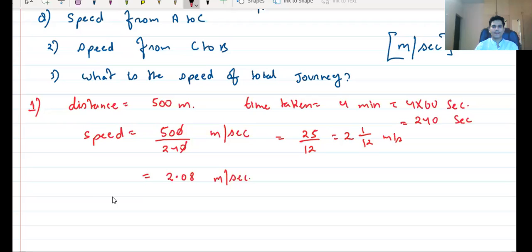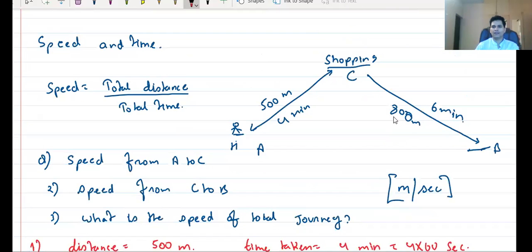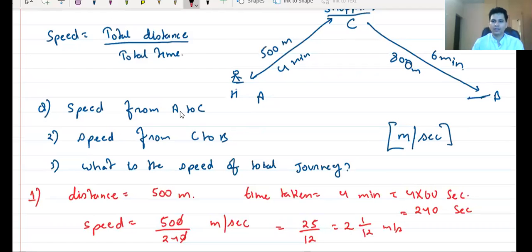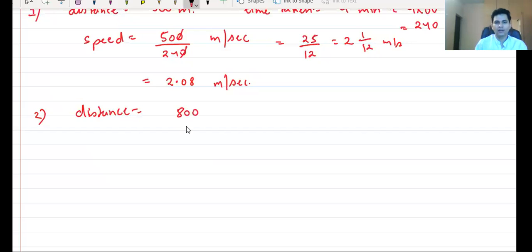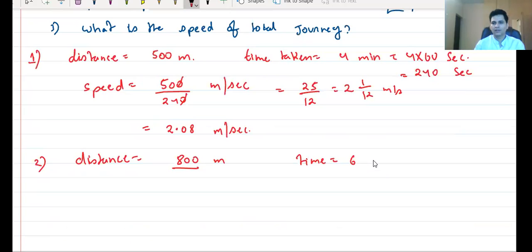Now, the second one. For the second case, what is the distance? The distance is 800 meter. Time taken is 6 minutes, which is equal to 6 into 60 seconds, which is 360 seconds.